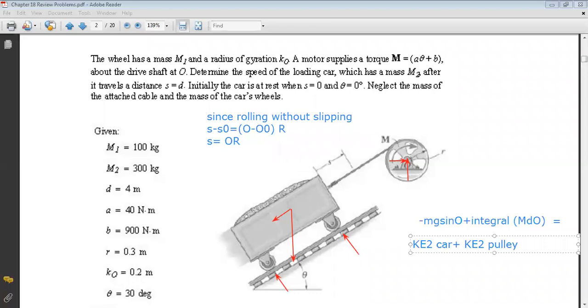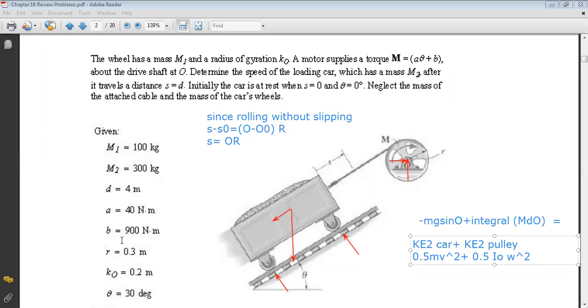Since the car is doing translation, its kinetic energy is simply 0.5 times the mass of the car times the velocity of the car squared, plus for the pulley, what is the expression of kinetic energy? Half I-O omega squared. Very good. It's half I-O times omega squared. And they gave us the radius of gyration of the pulley.